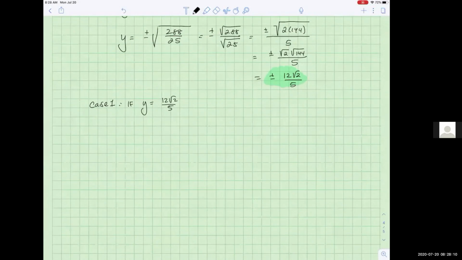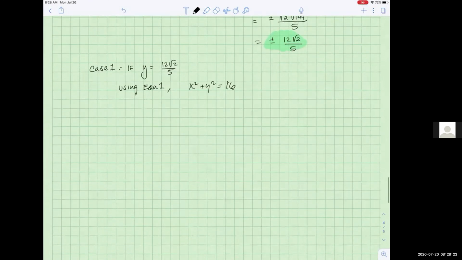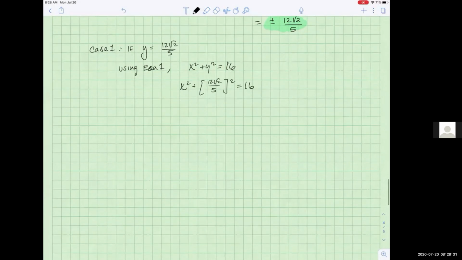If y is positive 12 root 2 over 5, then we can use our first equation. Using equation number 1, where x squared plus y squared is equal to 16, what we have is x squared plus 12 root 2 over 5 squared is equal to 16.